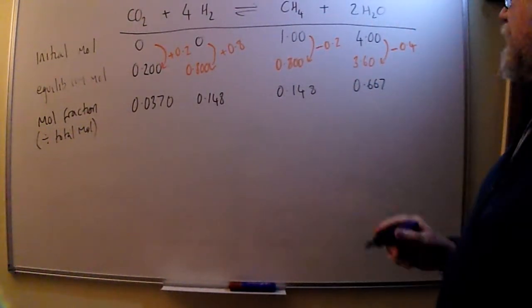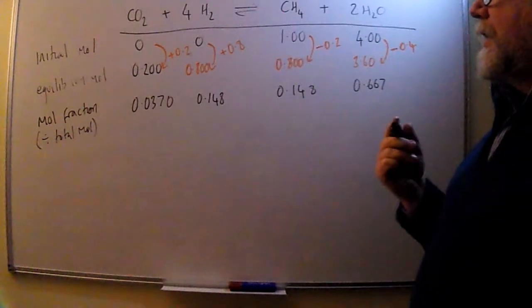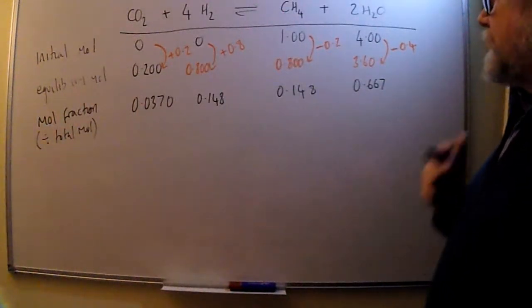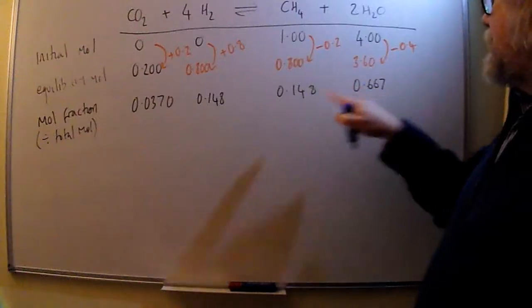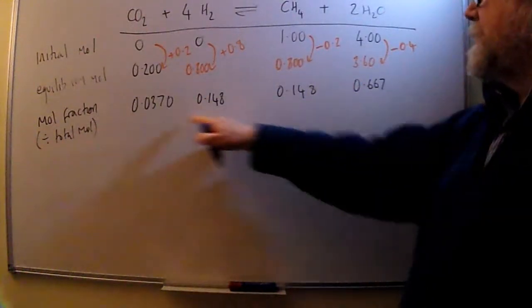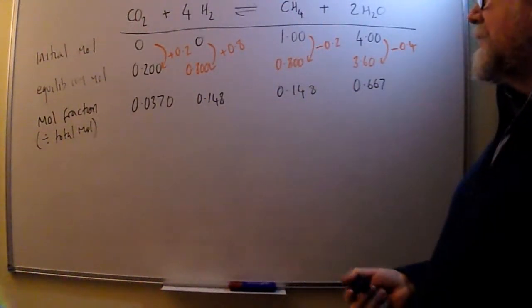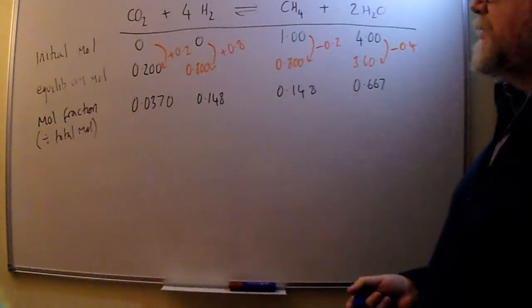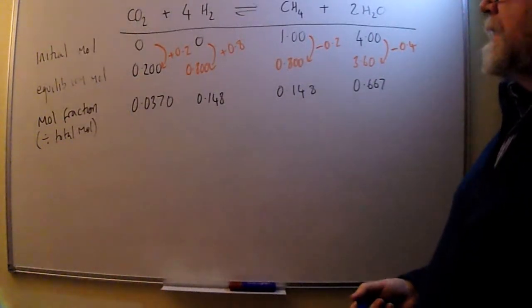Those mole fractions should add up to 1. So if you're wanting to just check as you go along, you can do a quick check and make sure those numbers add up pretty much to 1. Otherwise, you know you've made a mistake there somewhere.